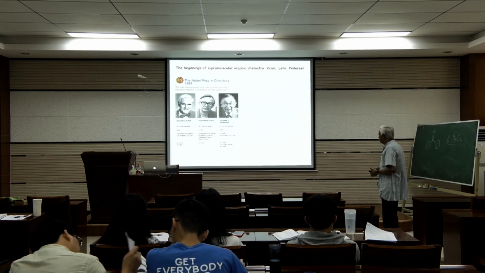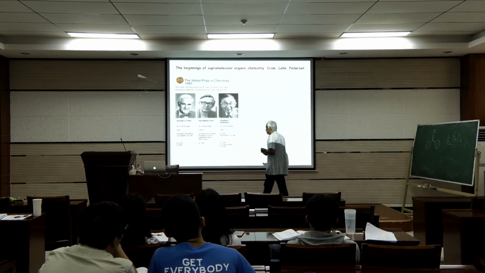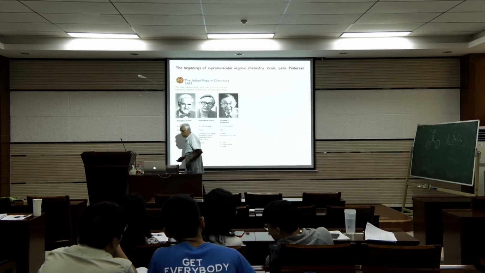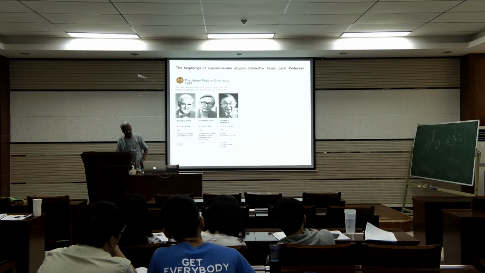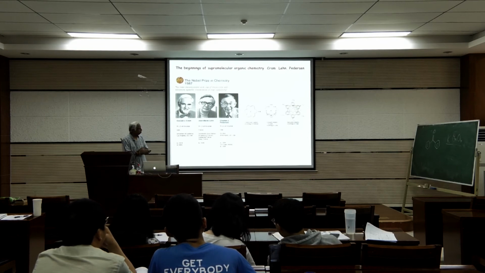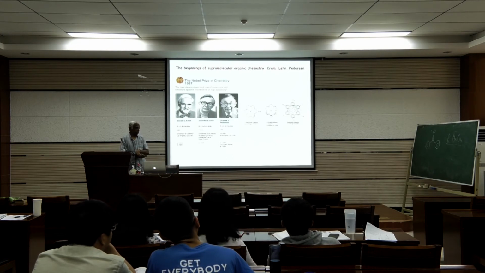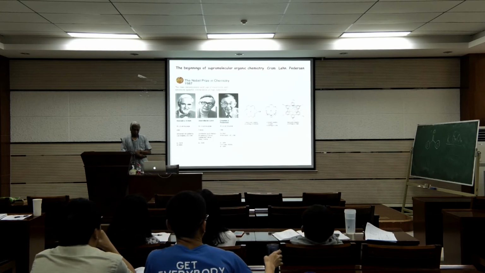Okay. So what you do is, this is what he did. He is Charles Pedersen. He was working for a DuPont company. So you take what is called crown ether. He made this kind of compound. You might have studied these compounds. Okay. So when you have this compound, the potassium K plus, it will complex.